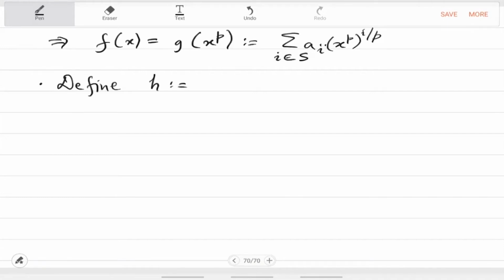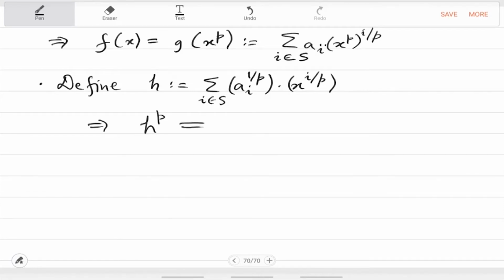So you can define h to be this a_i to the 1 by p, okay, for i in S. So clearly h raised to p will be equal to a_i x^i, which is then f.